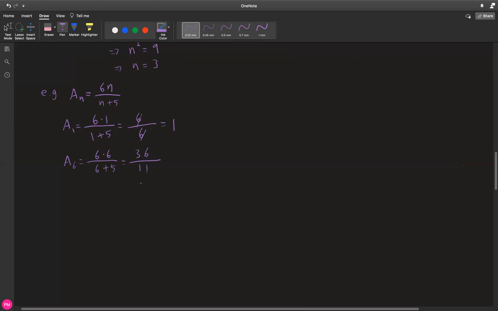So unless you're asked to do so, please leave it in exact form as a fraction, because if you convert this into a decimal, it's going to end up being an approximate number, and Pearson will ding you for that. So make sure you do that.